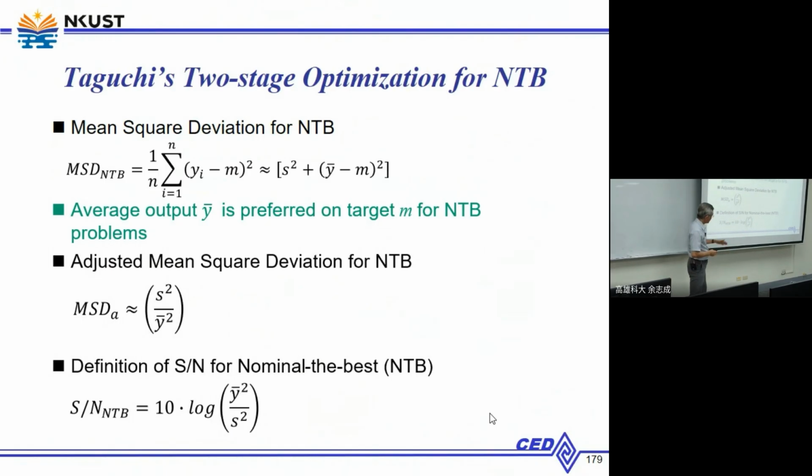But since it is using a scaling factor, this value will remain constant when we do the adjustment. Therefore, the SN ratio will remain the same, because after the first stage optimization, the SN ratio already is at its maximum value. So when we do the second stage adjustment, we don't want to influence our accomplishment in the SN ratio.